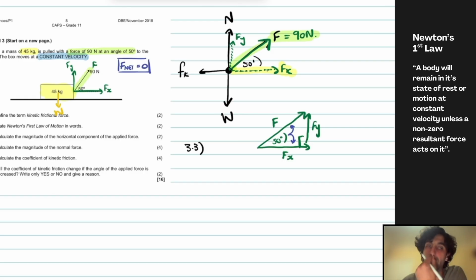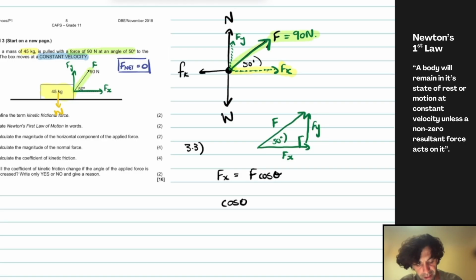F is our hypotenuse. So if you know your trig ratios, you know that Fx is going to be equal to F cos of theta. Where does that come from? Let me just show you quickly.